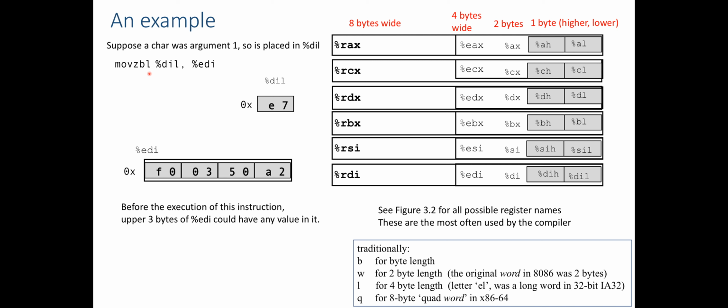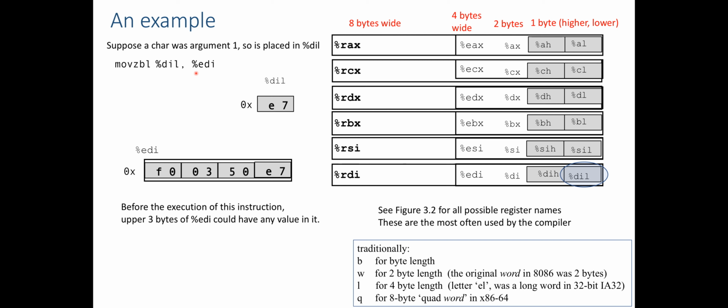If that's the case, the argument is now in this very lowest portion of the full-length RDI register. So the char is down here in DIL. We might need to widen that char, and if we were doing that, we would use something like this.